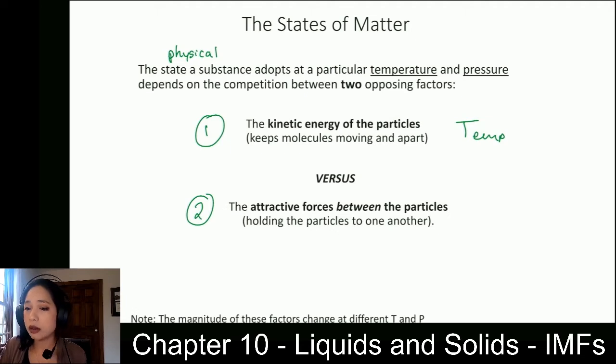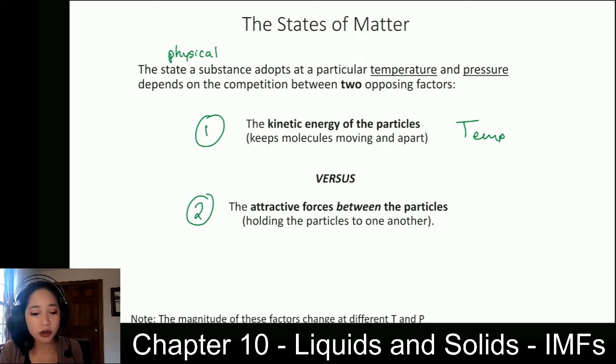We know that diatomic nitrogen exists as a gas at ambient temperatures, but a different substance, such as diatomic bromine (Br2), exists as a liquid at room temperature and pressure. Both of those molecules are diatomic, so why does one sample exist as a gas and another as a liquid in the same conditions?